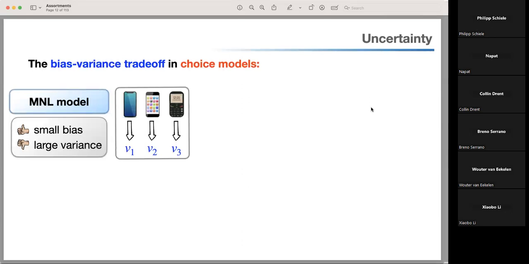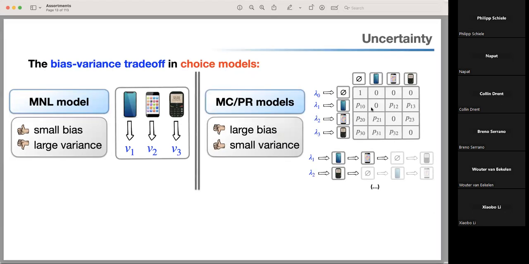One is erring on the side of simplicity: we can choose a choice model that is easy to estimate, that has few parameters, but that is probably overly simplistic and not able to capture all the intricacies of our customer behavior. In that case, we would say the choice model suffers from bias or underfitting.